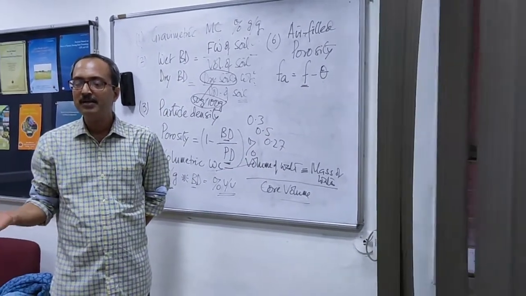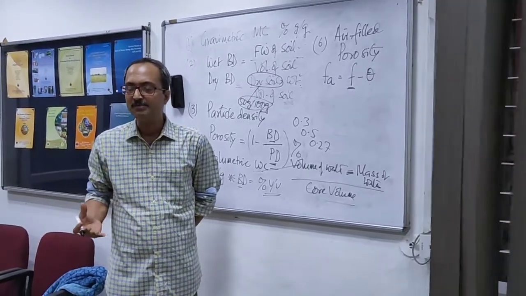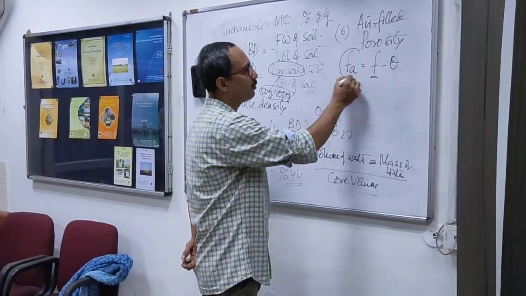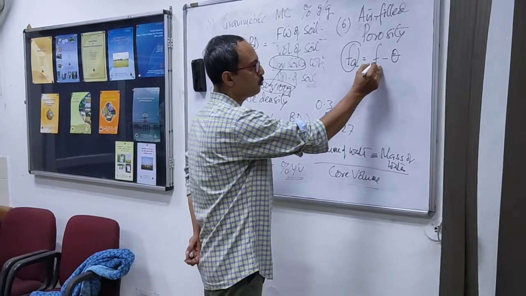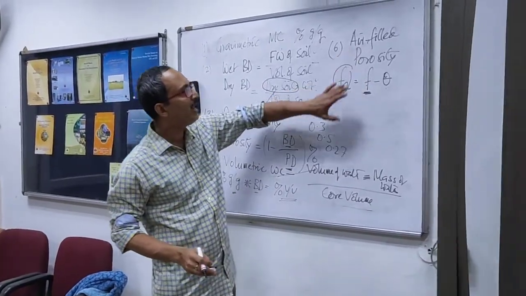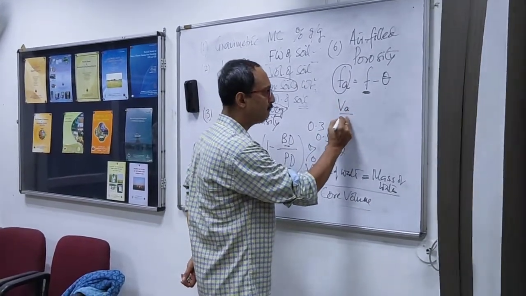So it is air only in those pores where there is no water. It's simply a subtraction. So Fa, the air filled porosity, is the difference between the porosity F minus theta. Or you can determine it by using the simple formula VA by VT.